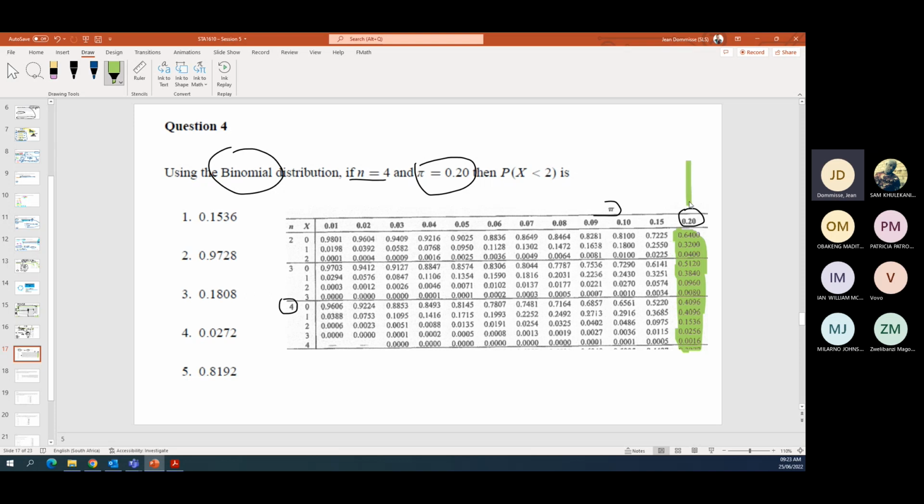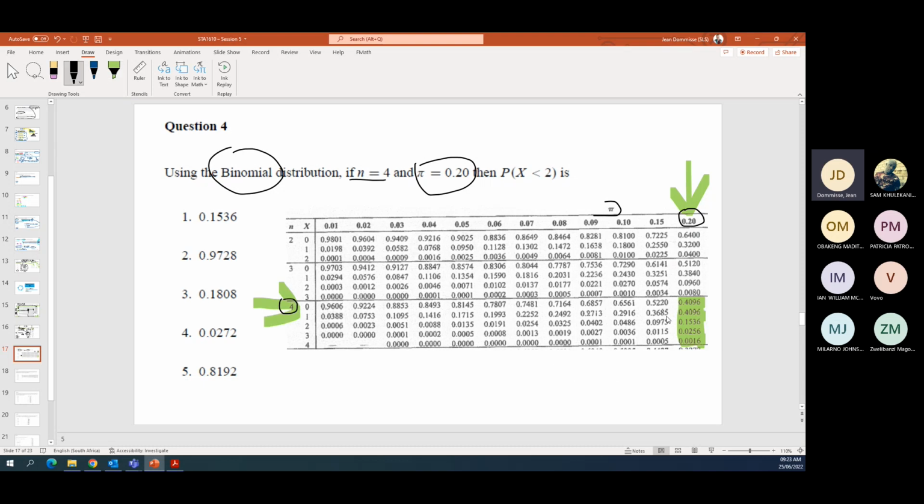So we're looking at 0.2, and you could have actually, let's do it even better, only looking at this area, because we look at 0.2 and we look at where n is 4.